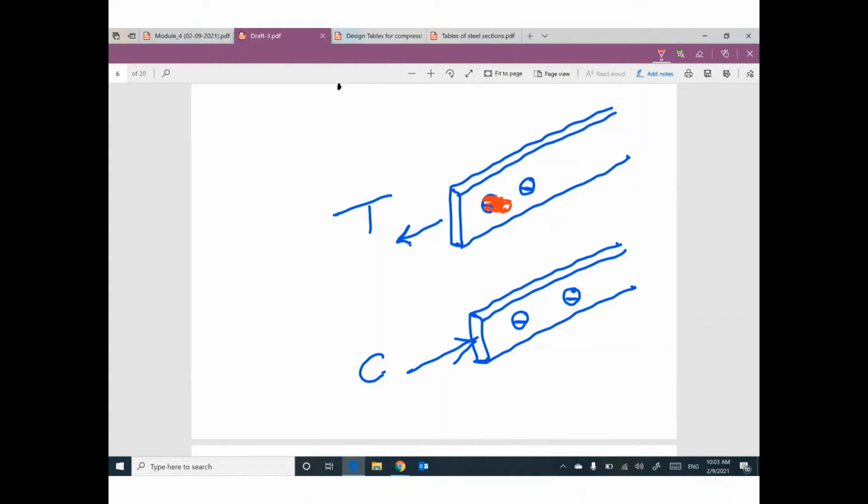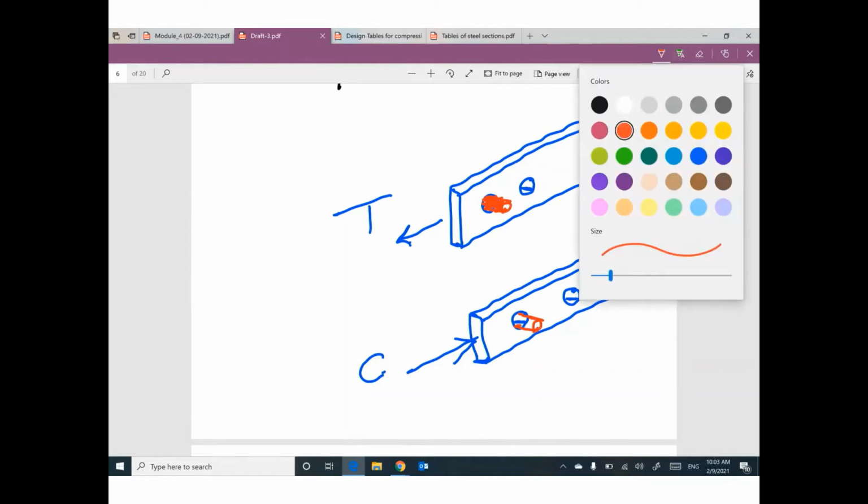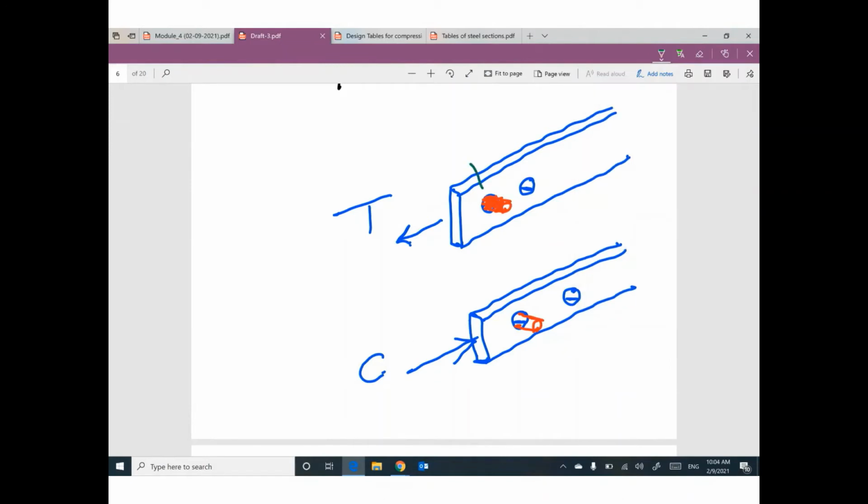Going to the other side. We understand that we have bolt going to the other side. If you have issue at this location, what is the area of the member? It will be area net.